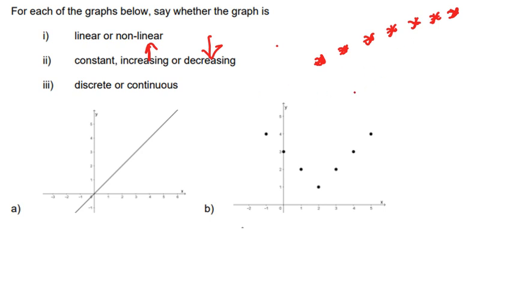Then if your graph is a line, it's called continuous. If it is just a line, it's continuous. If it's in point form, it's called discrete, okay.